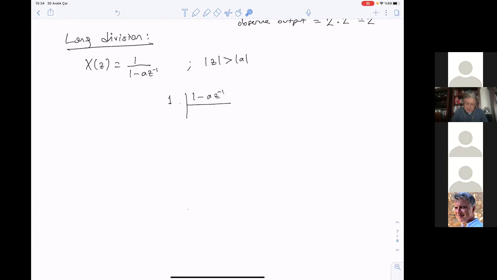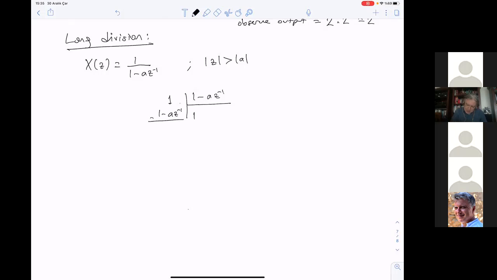That is the question. And I start by saying one of them will fit, because if I do it, it means I will subtract this from 1. And since Z is greater than A, 1 minus AZ inverse is actually less than 1, and therefore this will give me a positive result after the subtraction.